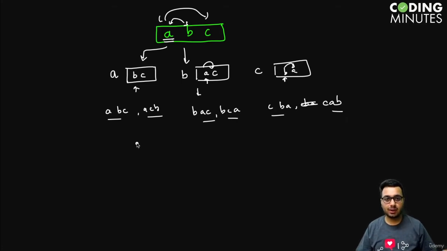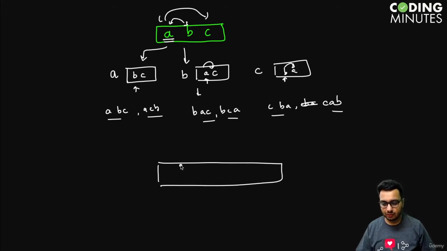So what I'm trying to say is, if you have a string like this, if you have some letter l here, and you have some letters here, you try to exchange this letter with every possible letter in this particular string and solve the subproblem. How do you solve the subproblem? By making a recursive call.